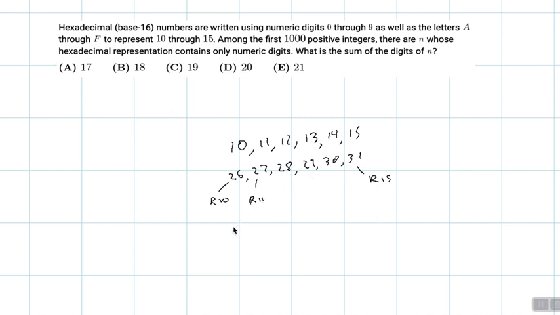And the same is true for 42, 43, 44. Basically, multiply 16 times 3 and then work backward: the six consecutive integers that are less than 48 are going to be not numeric in base 16.